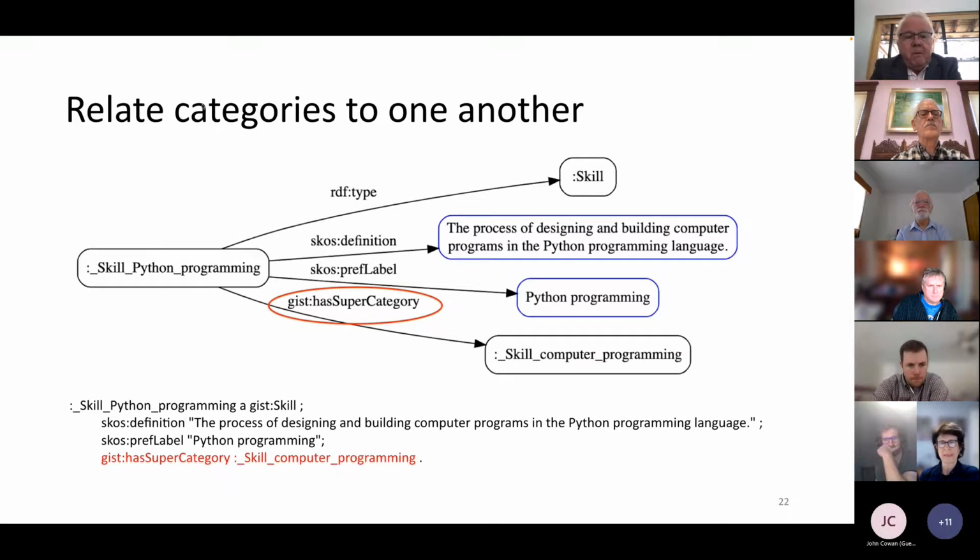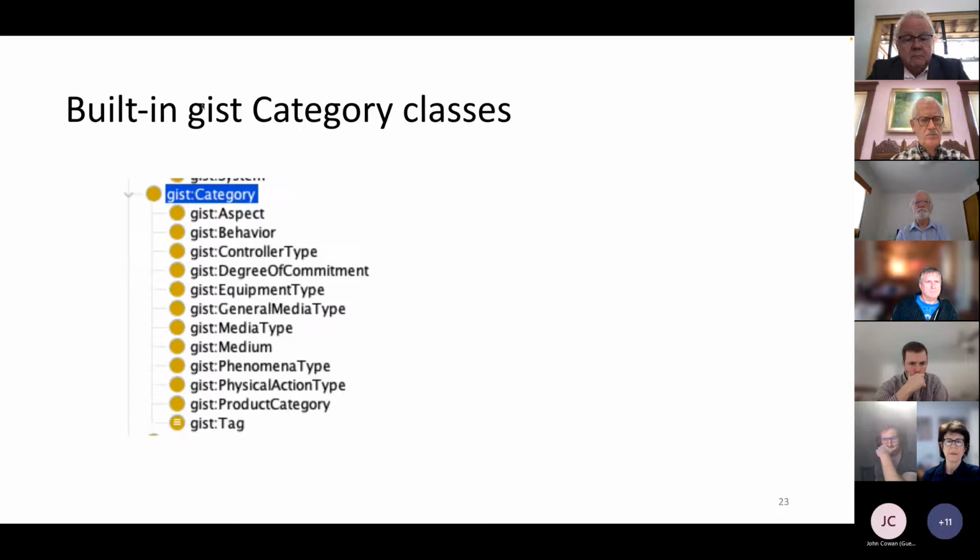So we can relate categories to one another, as I mentioned, through the supercategory relationship. So Python programming would be a subcategory of computer programming, and gist provides a number of built-in category subclasses. But of course, in your own ontology extensions, you will likely need additional category subclasses.